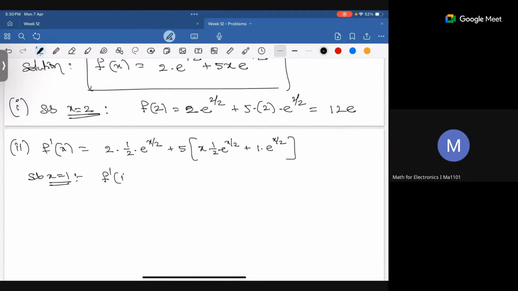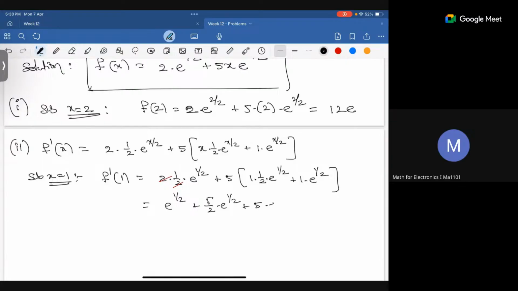So for that, I need to substitute x equals 1. I will have f prime of 1 to be 2 into half into e power 1 by 2 plus 5 of 1 into 1 by 2 into e power 1 by 2 plus 1 into e power 1 by 2. Okay, so this and this will cancel. We'll have e power half plus 5 by 2 e power half plus 5 e power half.